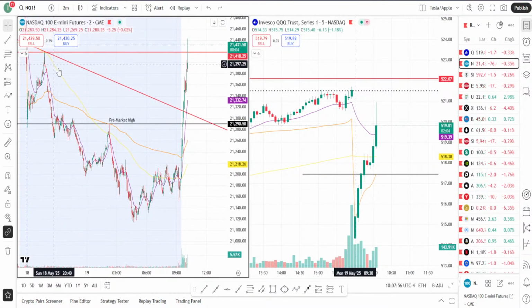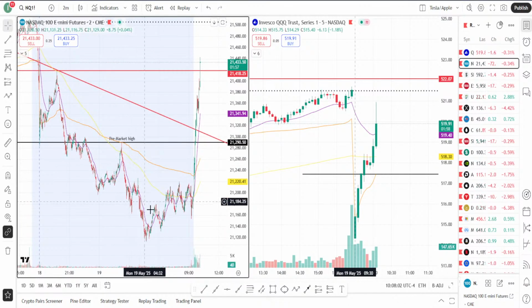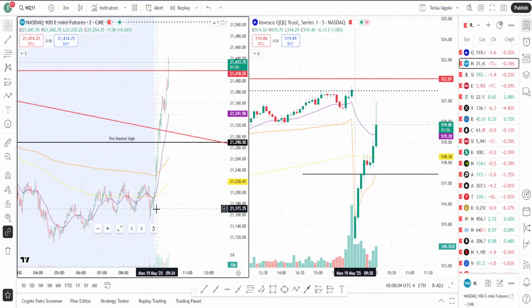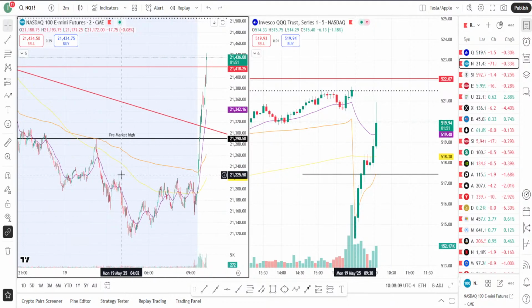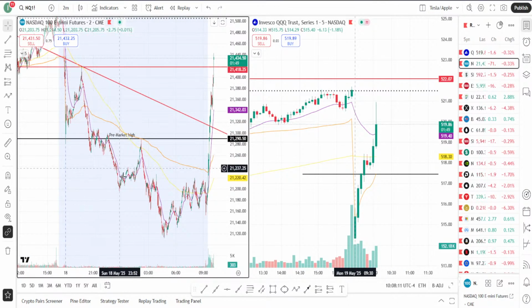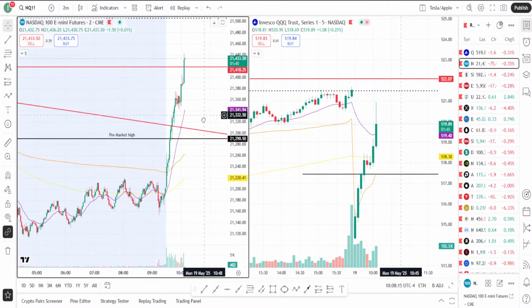We just recovered pretty much the entire move down from overnight. The entire move down overnight. We recovered it in what, 30 minutes, 40 minutes? What took hours to create this move down, in 30 minutes we just recovered. That's crazy.